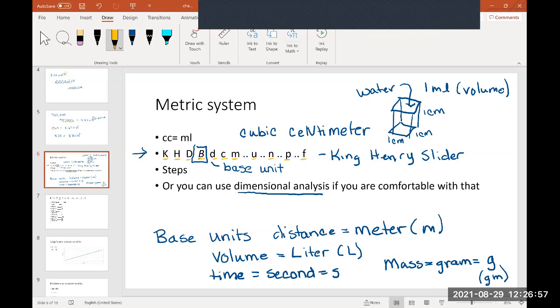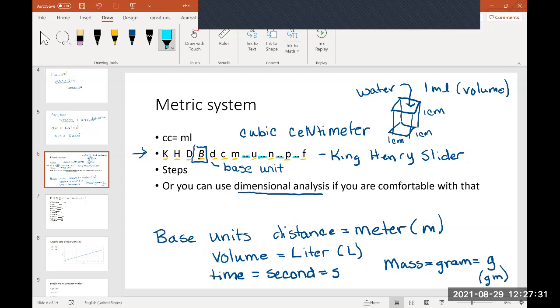Now, before I move forward, I want you to see something here very important. Notice after the M, the milli or milk in our King Henry slider, we have dot, dot, then U, dot, dot, then N, dot, dot, then P, dot, dot, then F. Most of the time, our metric system jumps in values of 10.